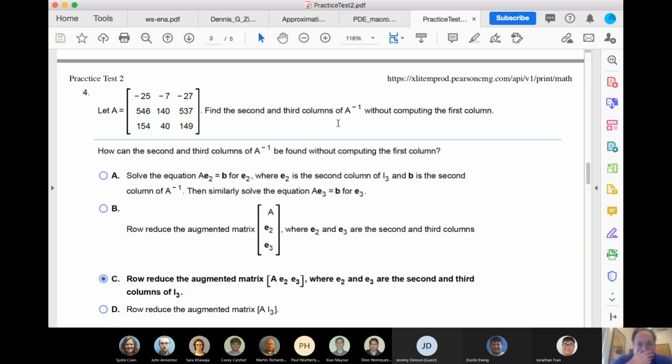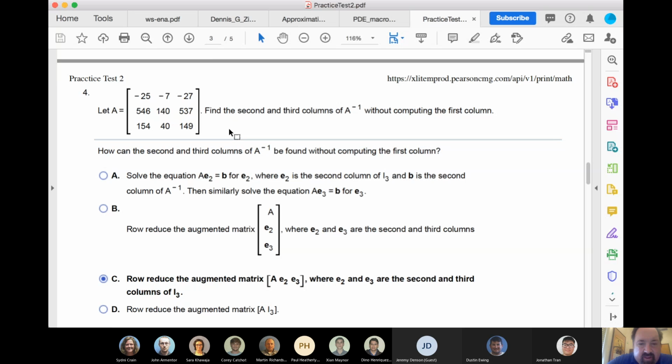So for instance, if you want to compute the second column of the inverse, you would do an augmented matrix where you have A followed by the second column of the identity. Here we have second and third that are both desired. So you can take both columns, E2 and E3, and slap them both on the edge.